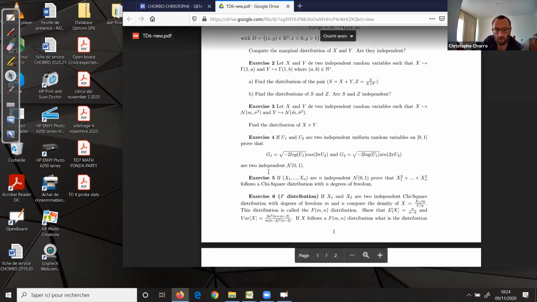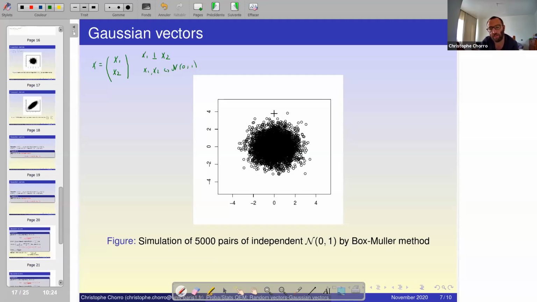Okay. So it's exactly what I have done in order to plot this thing here. I have generated 5,000 pairs of uniforms on the interval (0,1) using the random function, okay? Then I have used the transform of exercise 4 of the list 6 in order to generate 5,000 pairs of independent N(0,1), okay?